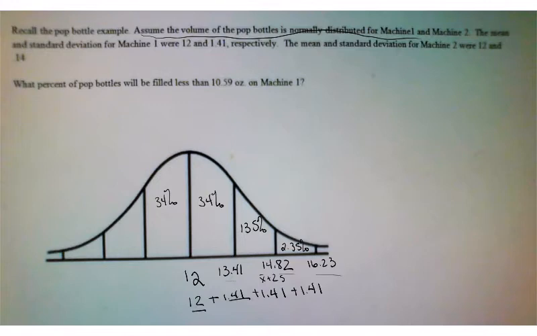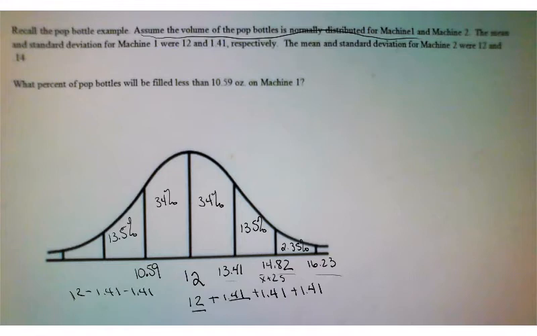Now remember, this is a symmetrical curve, so as we move to the left of the mean, we see the same distribution of the data, meaning coming back 1 standard deviation, we pick up 34% of the data. Coming back 2 standard deviations, we'll get another 13.5% of the data. Now how do we figure out the x value? Well, we take the mean of 12 and we subtract off the standard deviation not once but twice.